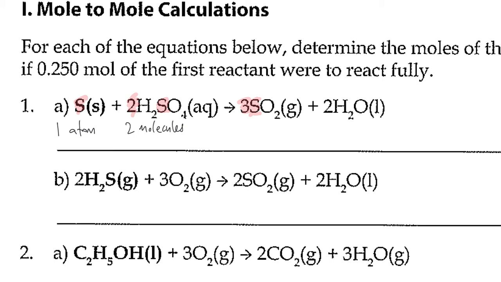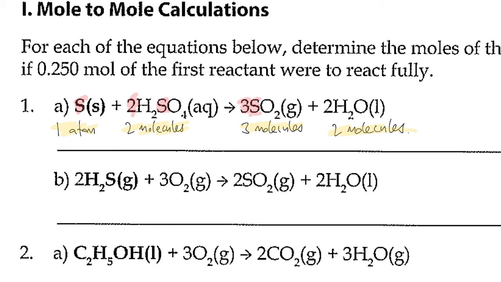All right, one atom of that requires 2 molecules of that, which then produces 3 molecules of this and 2 molecules of this. So if we had 1 atom and 2 molecules of the reactants, you would form 3 molecules and 2 molecules of the products, right?